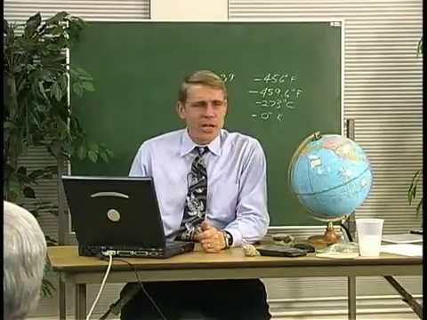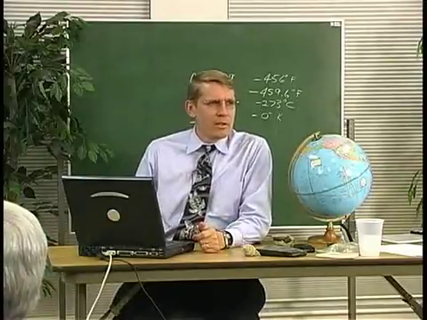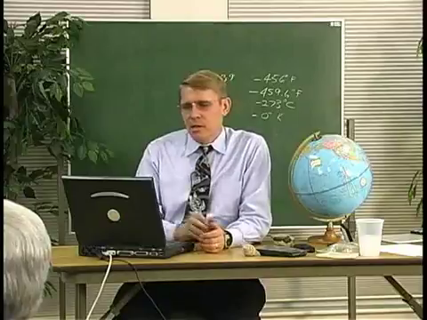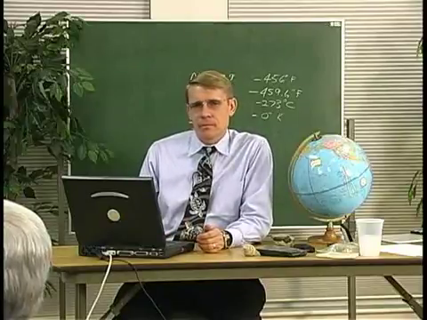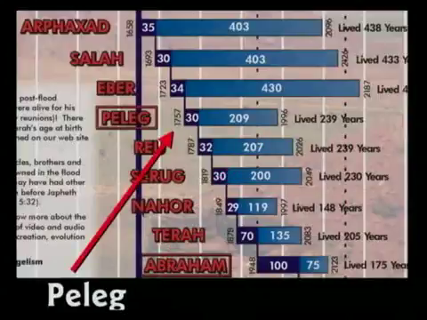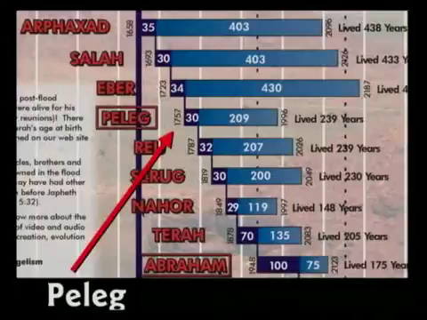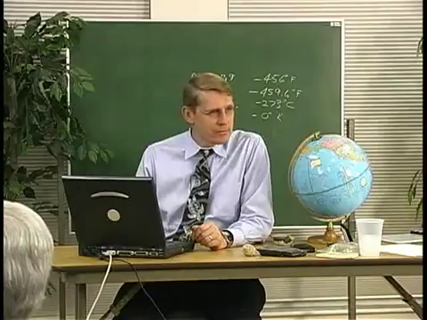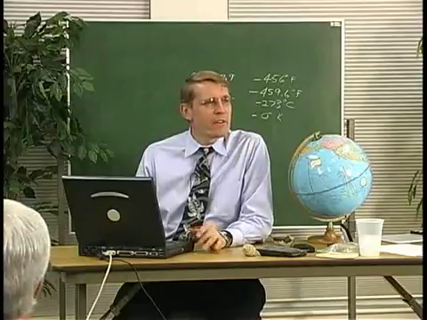Well, if you look at the graph in the back of your seminar notebook, the timeline of the different people's lifespans, you see Peleg right there. By adding up the dates, Peleg was born 100 years after the flood. He lived to be 239 years old, and he died. Well, his dad and his grandpa and his great-grandpa lived up into the 400s. His great-great-great-grandpa, Noah, lived to be 950.